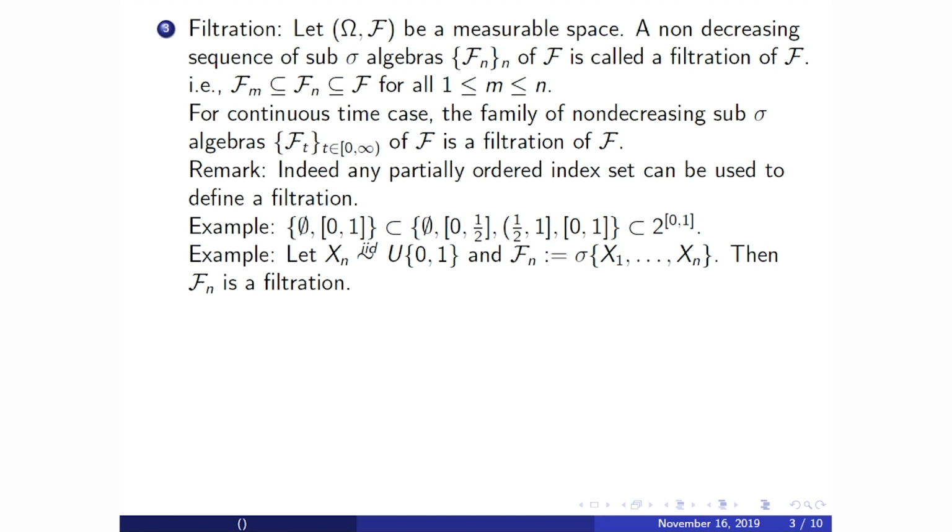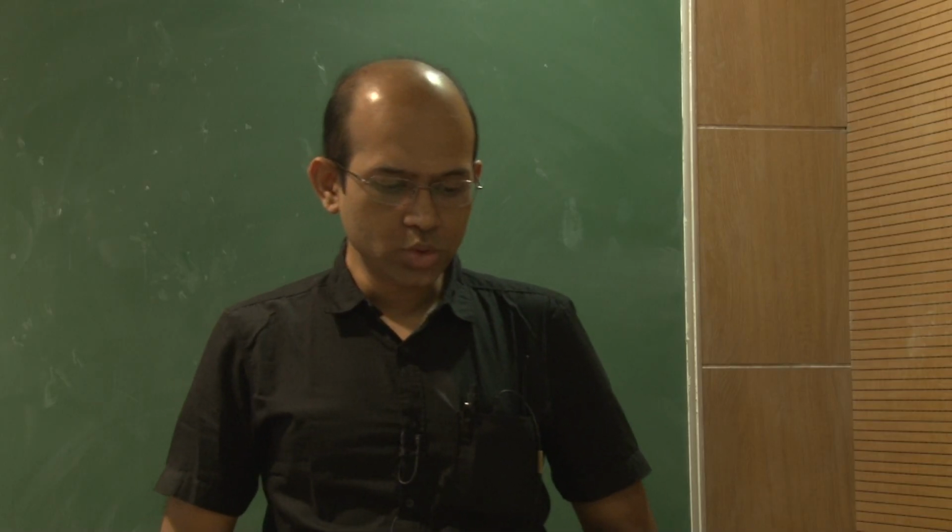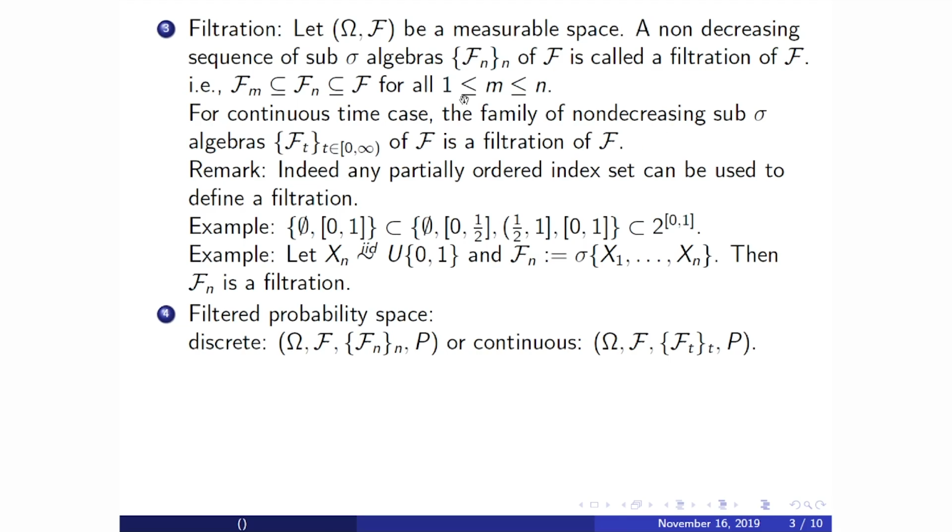So for the continuous time case, the family of non-decreasing sub-sigma algebras F_t, where t is taken from the closed interval [0, infinity), of F is a filtration of F. We remark that any partially ordered index set can be used to define a filtration, because we are not using any algebraic structure of the index set. We just need m less than or equal to n, etc. So just the order of the set, a poset, is sufficient.